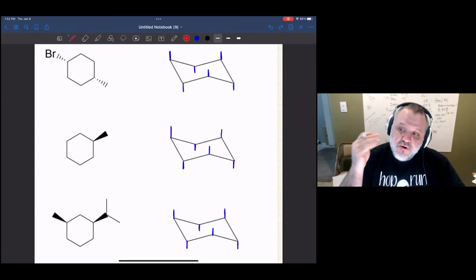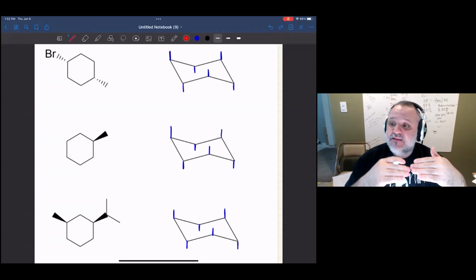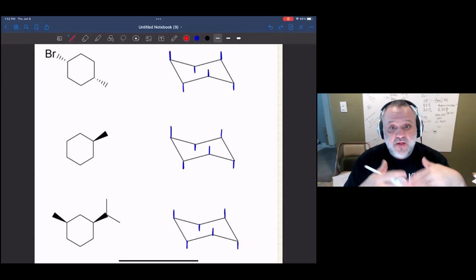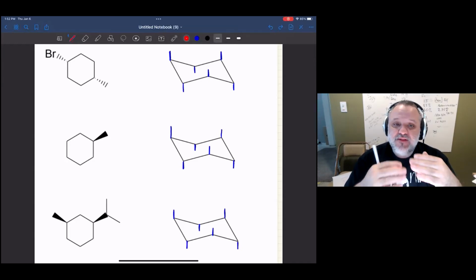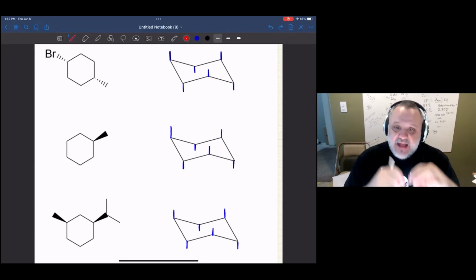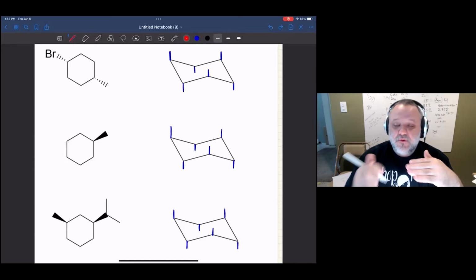Remember that an equatorial bond will point the opposite direction from the axial bond on that atom. So for instance, in the top left corner, we started with an up axial bond, so I'm going to have an equatorial bond and it's going to point down.